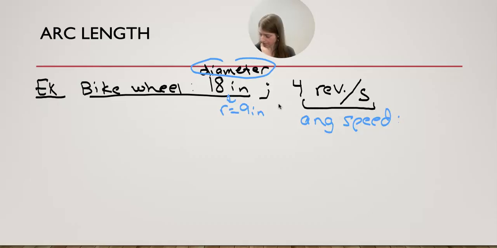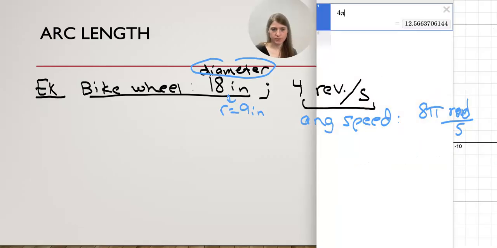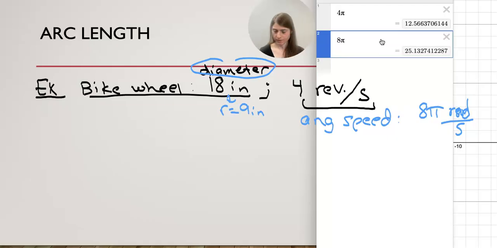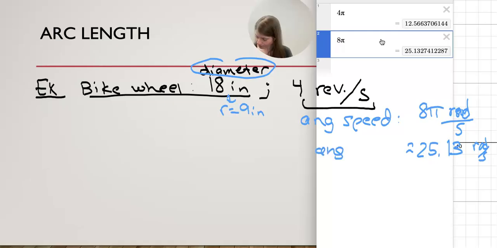So this is actually 8 pi radians per second. Then let's put Desmos back up here. 8 pi is approximately 25.1 radians per second. Okay, so this is the angular speed.